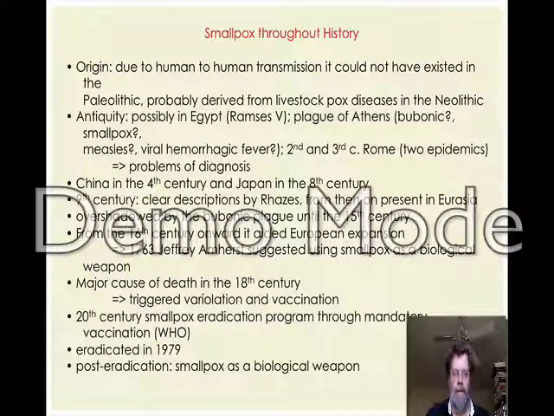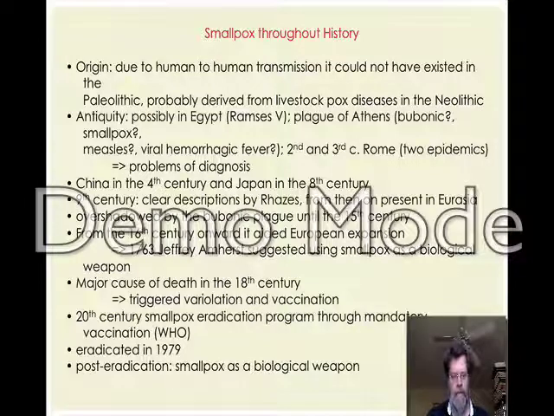We know it was there in antiquity. There are several candidates who have died from it, such as Ramses V. There is a discussion about the plague of Athens, whether it's bubonic plague or smallpox, most likely smallpox. There were two known epidemics throughout the Roman Empire, even though it's difficult to do diagnosis that far back.